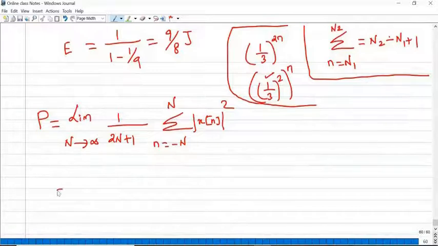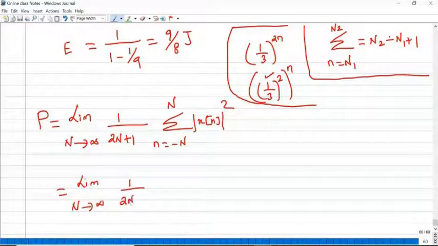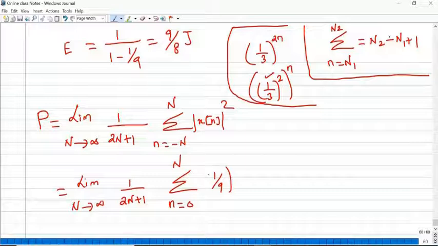Now check this. Limit n tends to infinite 1 divided by 2n plus 1 summation, as per the function 1 by 3 power n u of n available. So n equal to 0 to n only. In x of n whole square, in the previous step we solved, that will be equal to 1 by 3 power n.